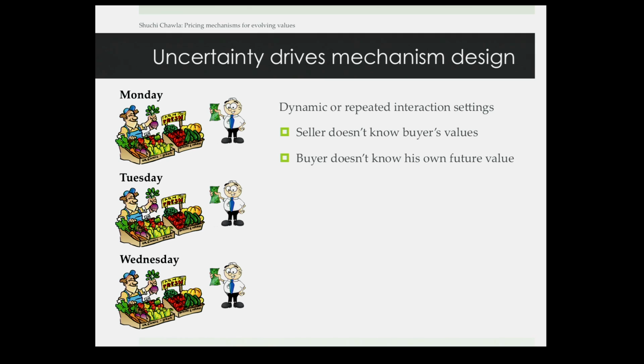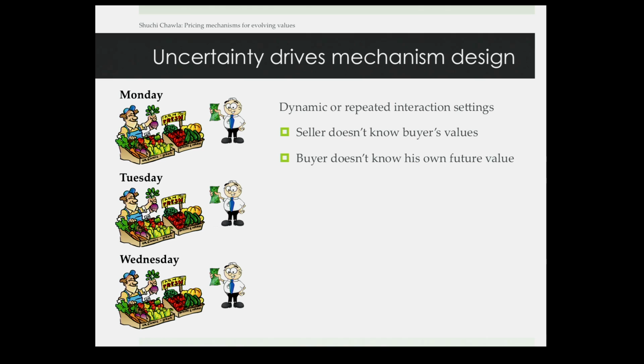And so the protocol that they engage in today, both the seller and the buyer are going to strategize depending on what their beliefs are about how the buyer's value and preferences are going to evolve in the future. Okay, so this brings in more degrees of freedom for the mechanism designer.